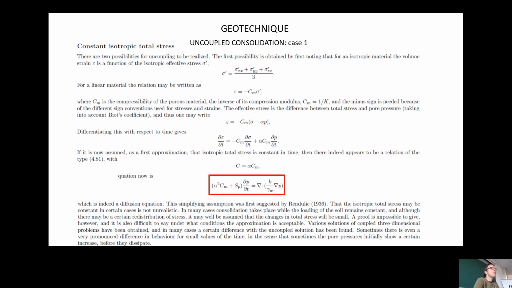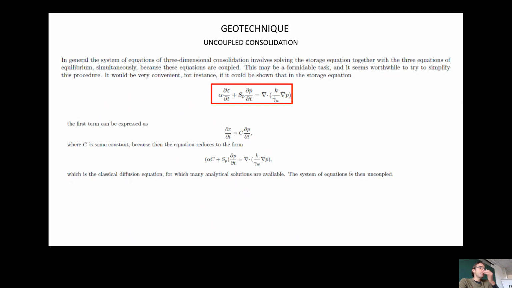And then we can rewrite the equation as alpha squared Cm plus Sp, times the derivative of p in t, that is, of course, this first part plus this, equal to what we already know.